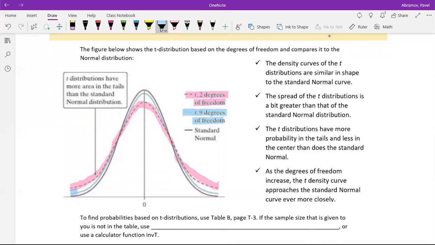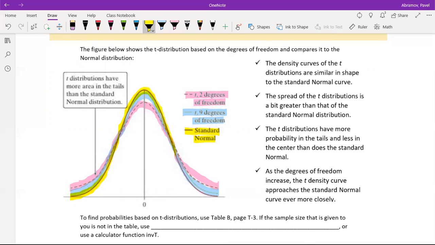I'm going to highlight this with blue. And we can see that it gets a little bit higher and less spread. And then we can have a normal curve, and I'm going to highlight it in yellow. So this is the normal curve.